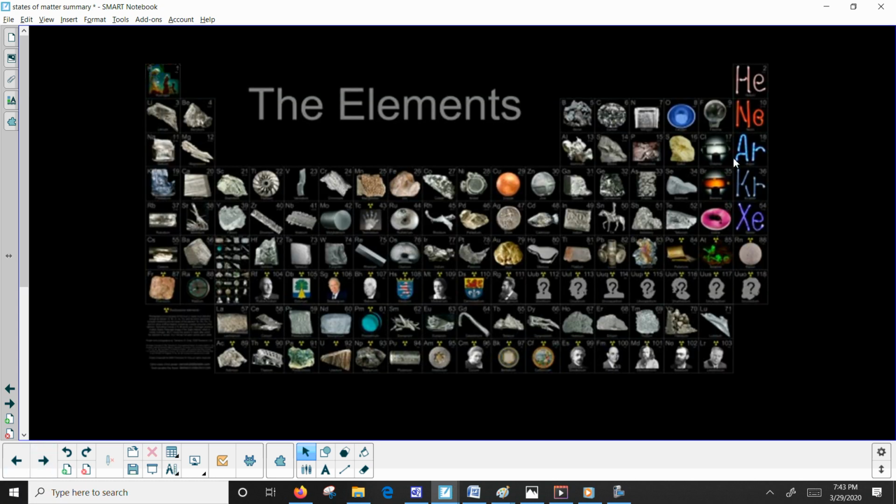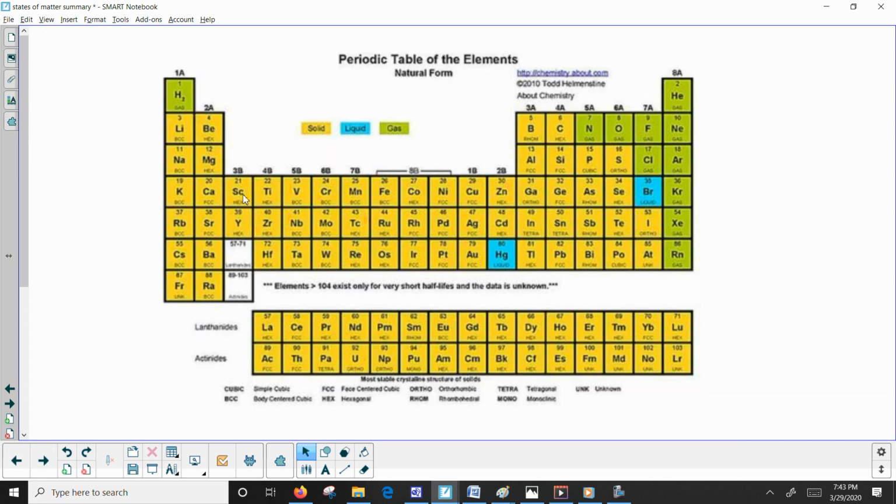So let's look at the periodic table first of all, because you have to know the states of elements in order to even do any states in any kind of chemical reaction. You can look at all the elements, they're all solids with a few exceptions up in the corner. Most elements are metals, and most of the metals are going to be solid. There are a couple of exceptions. You're going to have liquid mercury over here, but the rest are going to be metals.